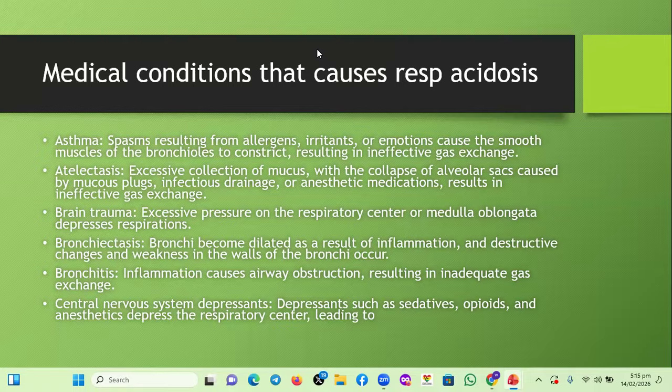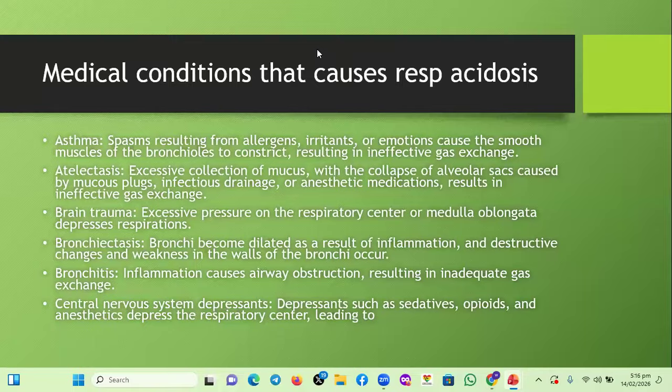So I was talking about conditions that cause respiratory acidosis, right? We are looking at conditions that cause the respiratory system not to function properly, leading to retention of carbon dioxide in the system. First of all, we know asthma.